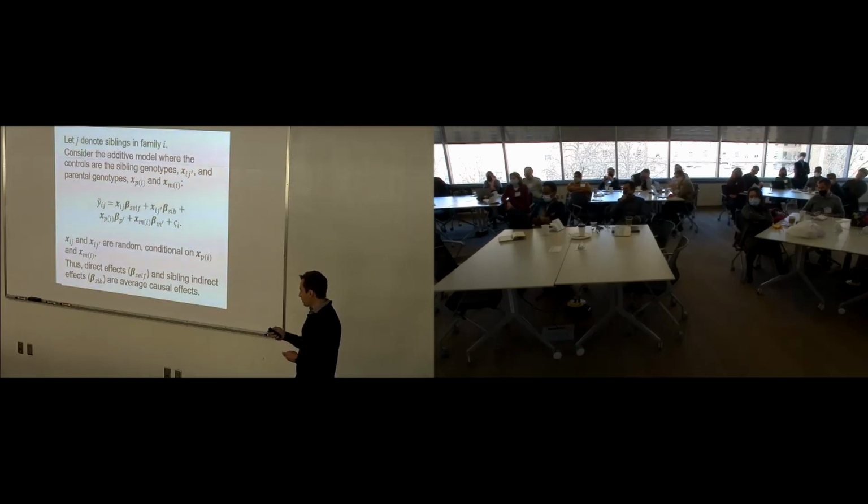Well, they're uncorrelated with this error, because we run the population regression and we get that all of these X's are uncorrelated with the error, and then because we condition on the parental genotypes, we get random assignment, full random assignment, independence of Xij and Xij prime from all variables.